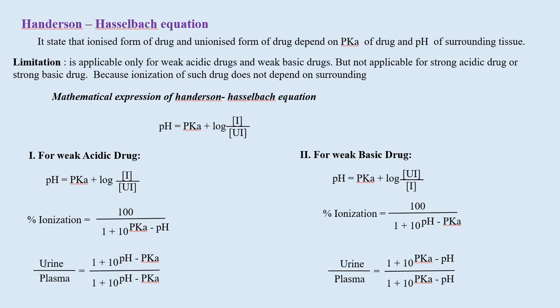Likewise, for the urine to plasma ratio, 1 plus 10 raised to pH minus pKa divided by 1 plus 10 raised to pH minus pKa; just pKa minus pH you have to convert for the weak basic drug. So based on these formulas, we get 6 formulas, and from those 6 formulas we will calculate the problems that we'll see in the succeeding slides.